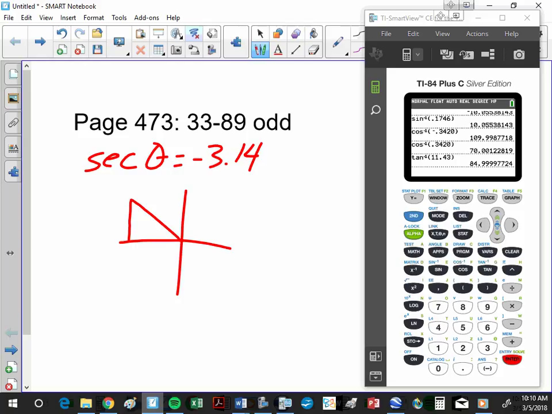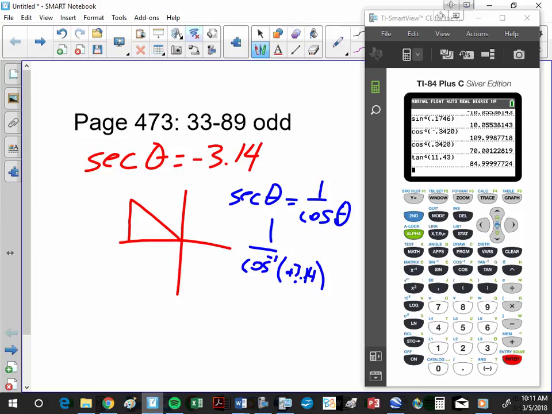Okay, so how do I invert the secant? I don't have a secant inverse button. So the secant of theta is 1 over the cosine. But if I did 1 over the cosine inverse of negative 3.14, you cannot plug 3.14 into the cosine.